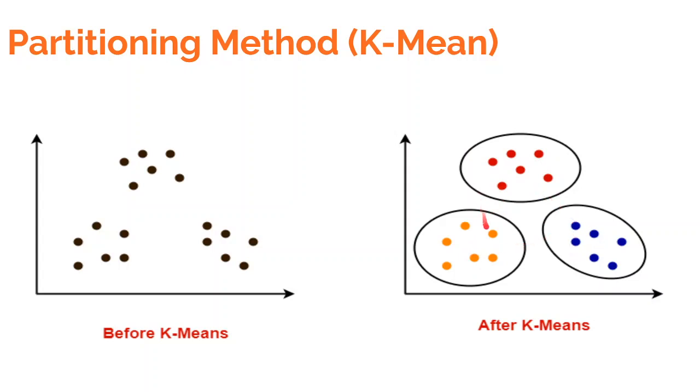So the data present in all these different clusters is considered as intercluster data, and that is totally different. On the contrary, the data which is present in the same cluster, which is considered as intracluster data, is similar, and all this we can implement using the k-means algorithm of the partitioning method.